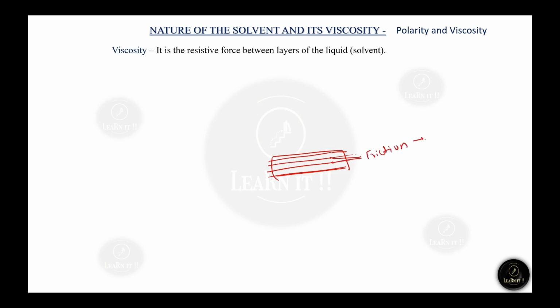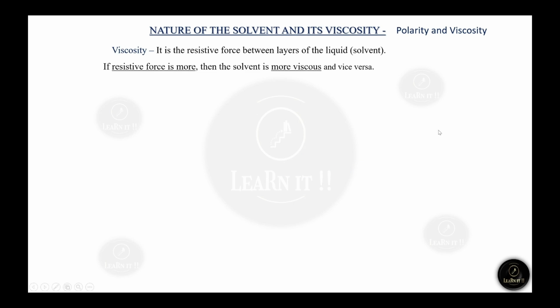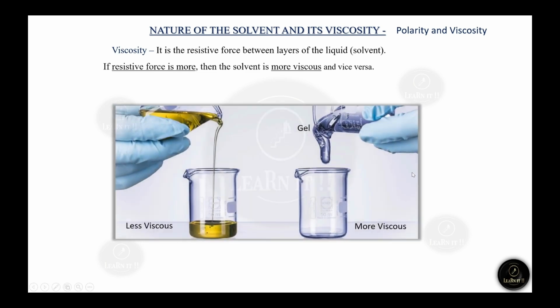This friction is called viscosity. If this friction is more, then viscosity is more. If friction is less, then viscosity is less. You can see two examples. In less viscous fluids, the liquid flows more freely than in more viscous fluids.